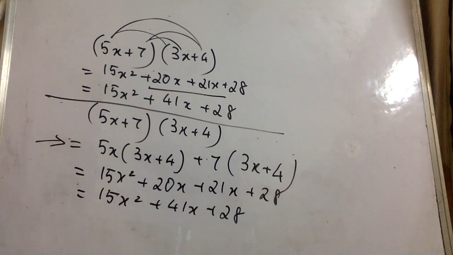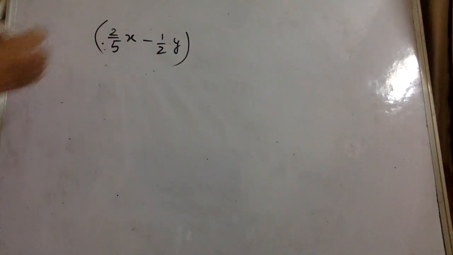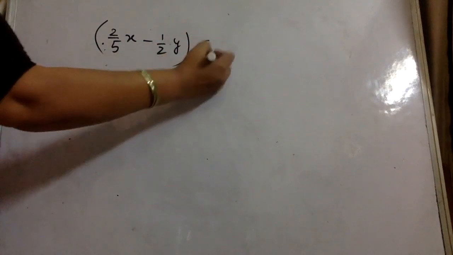Let me take up another question where one binomial is in fraction and another one is in regular numbers. So here is the question which says 2 by 5x minus 1 by 2y, and then you have 10x minus 8y, the other one.